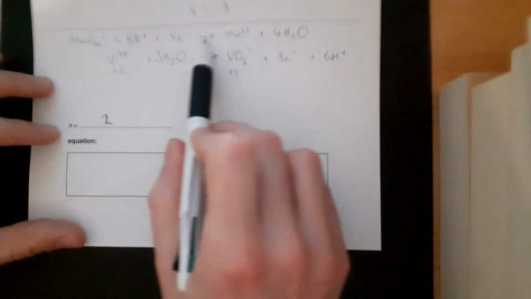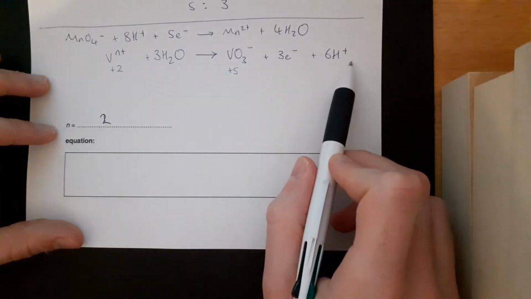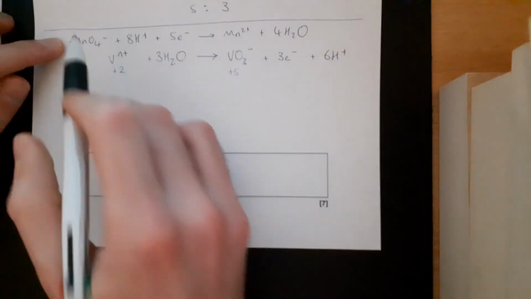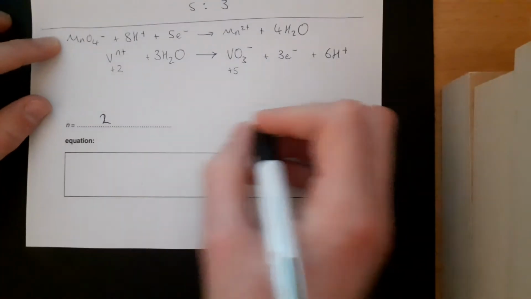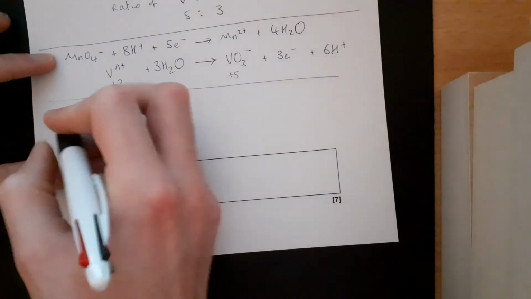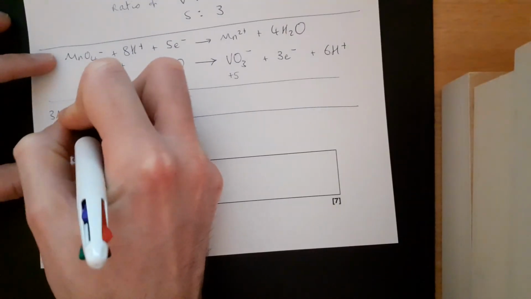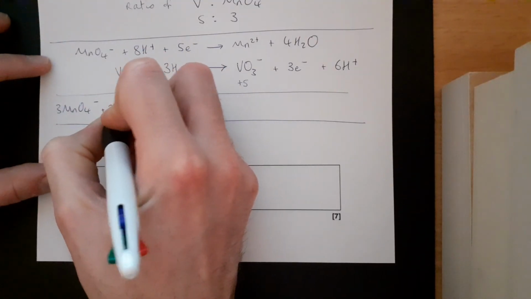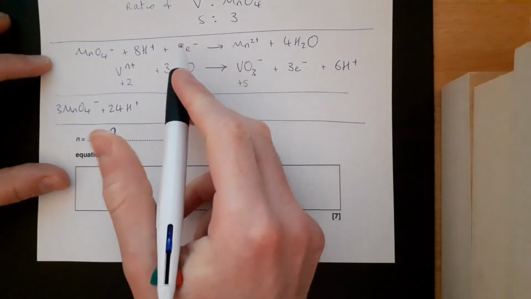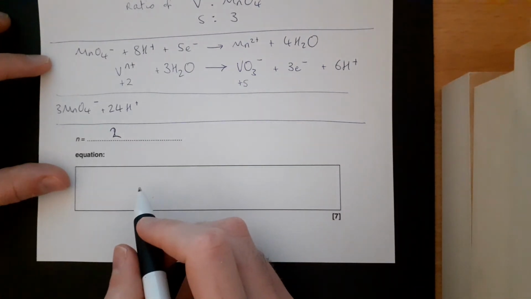Remember, we're going to times this by 3, and then we're going to times this one by 5. So I'm going to end up with 3. Actually, let's write this under here because we can do a bit of tidying up as well. So I'm going to get 3 MnO4 minus plus 24H plus. I'm not going to write the electrons because they're going to cancel out, aren't they?